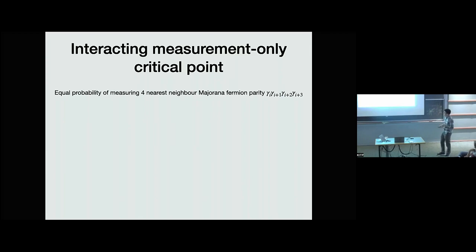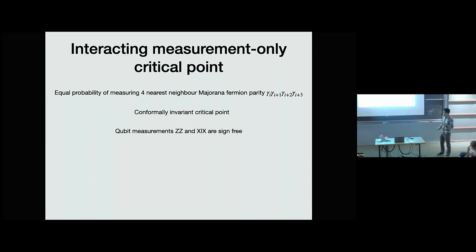And now the dynamics is more complicated. However, based on numerics, we find that this still leads to some conformally invariant critical steady state. And moreover, this type of dynamics is still sign-free. If you Jordan-Wigner back to spins, it's just ZZ and next nearest neighbor XX measurement.